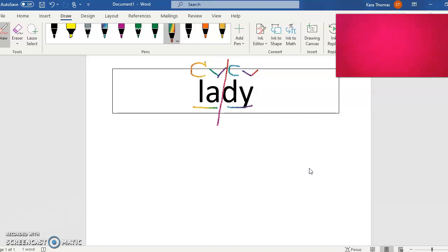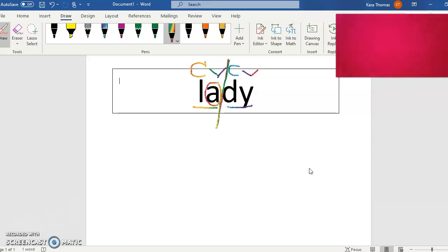You can always break the word apart after the first vowel. Right here's where I divided the word lady into two syllables, because the long A is the first vowel sound that I hear.